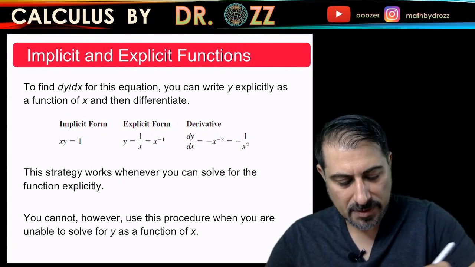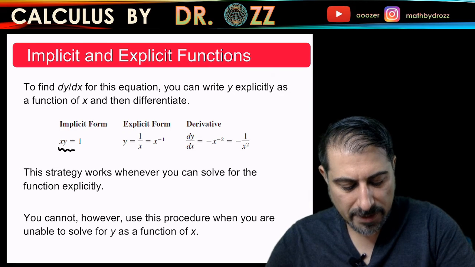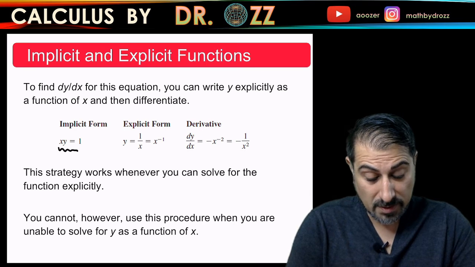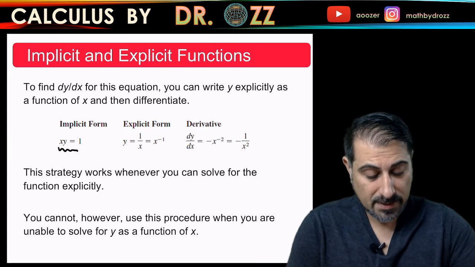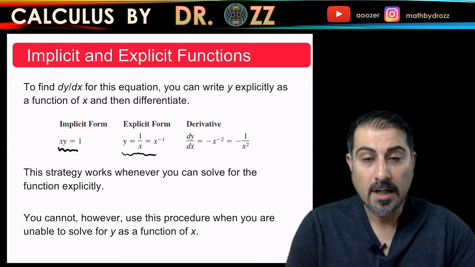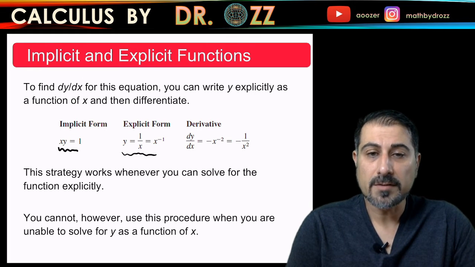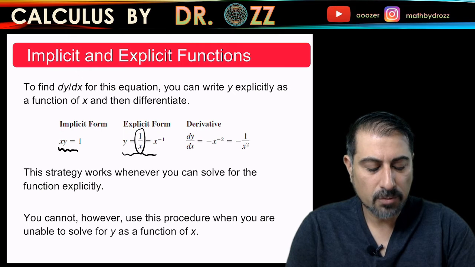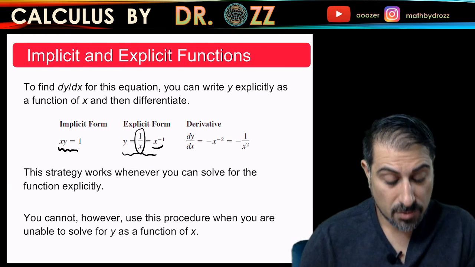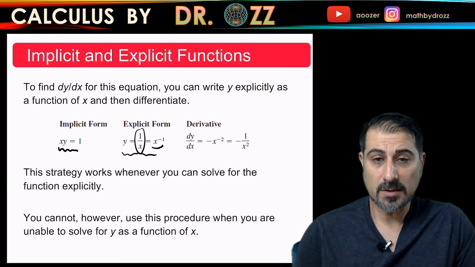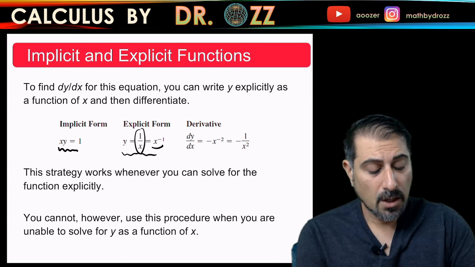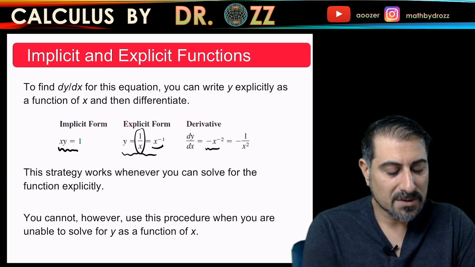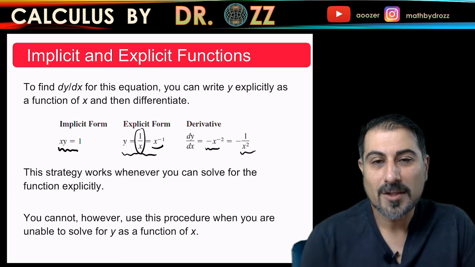Now going back to the function xy equals 1, which is given in the implicit form, we can easily solve for y, and in fact that's what we did earlier. Once we take the derivative of y with respect to x, all we do is rewrite 1 over x as x to the power of -1, which is in power form. So we can use the power rule to find the derivative, and that's negative x to the -2, which is equal to 1 over x squared.